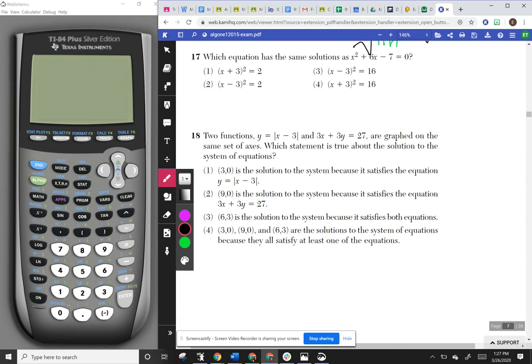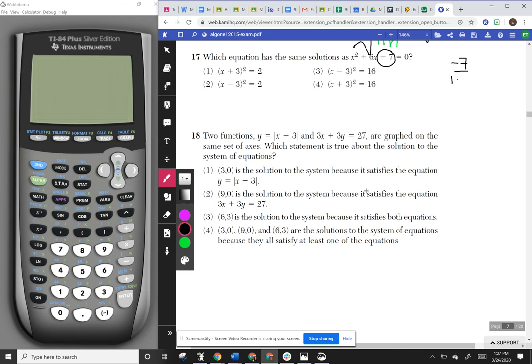17. Which equation has the same solutions as x squared plus 6x minus 7? So the first way you could do this is by factoring. We're going to find the factors of negative 7 that add to positive 6. So what are our factors of negative 7?